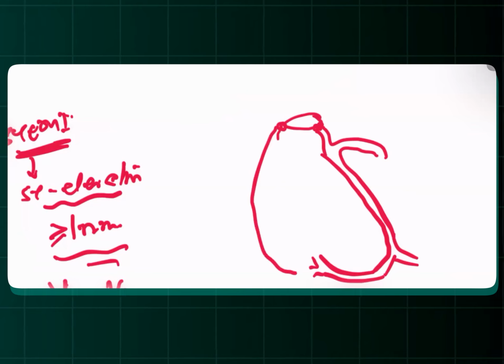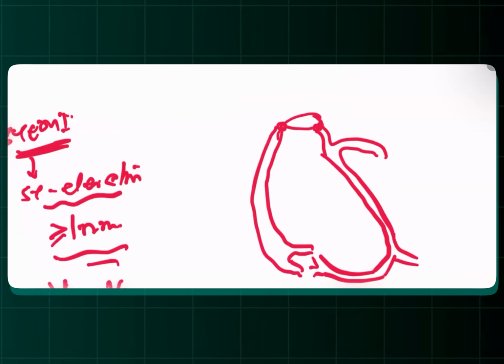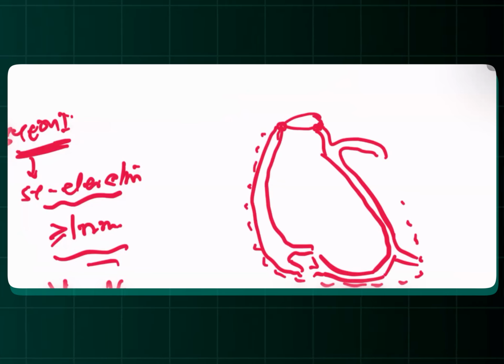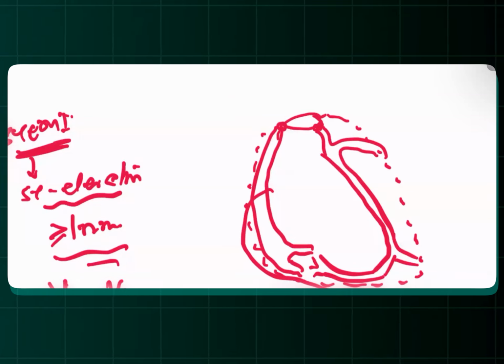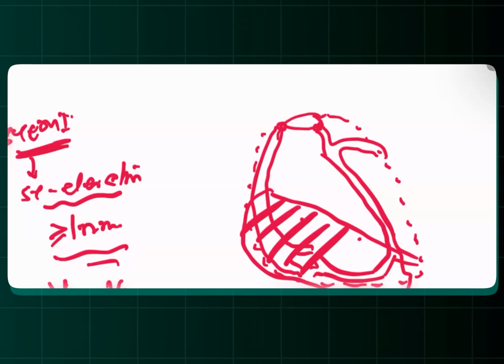This is the RCA coming here. So this is the picture diagram of the heart and the coronaries. Now, you see clearly that there is inferior wall MI. So this is the inferior wall, which is undergoing an infarction.